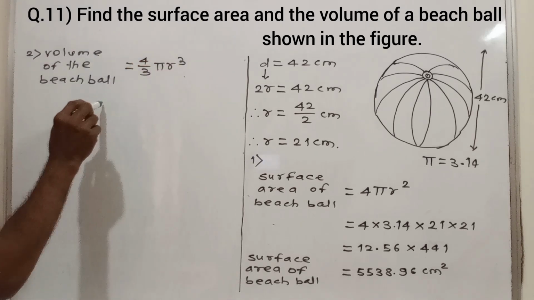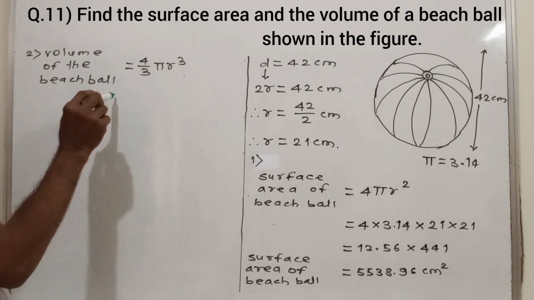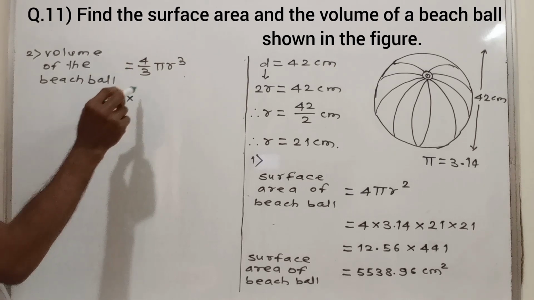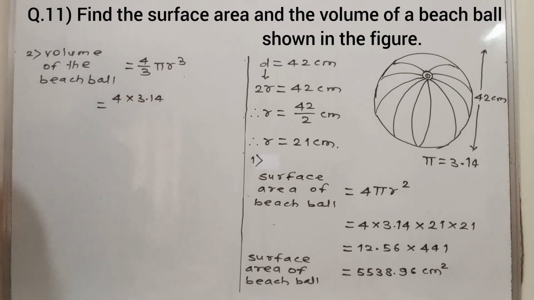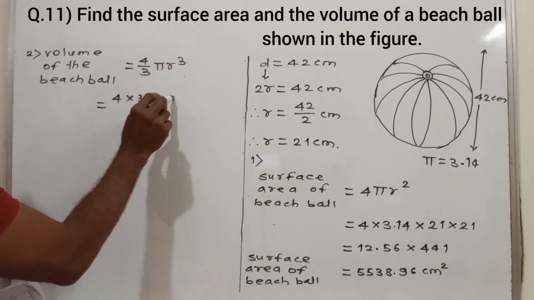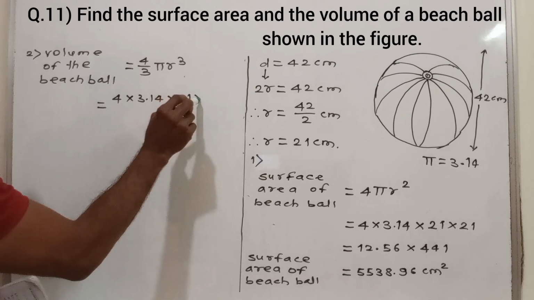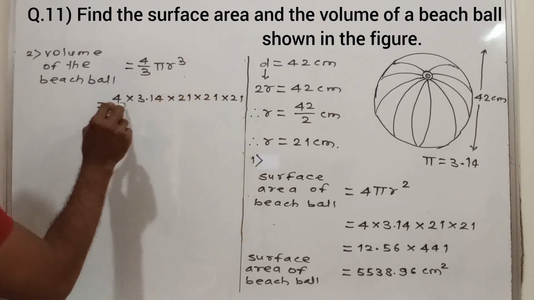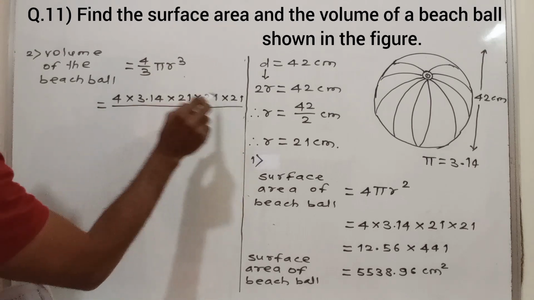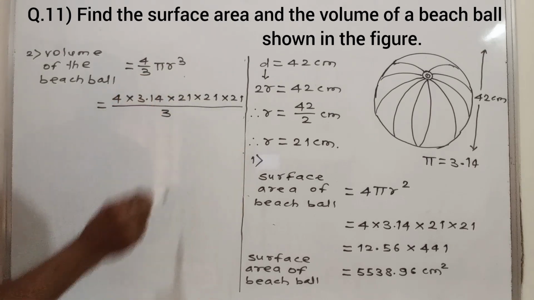Then we put values. 4 into pi, value of pi 3.14 into 21 into 21 into 21 upon this 3.